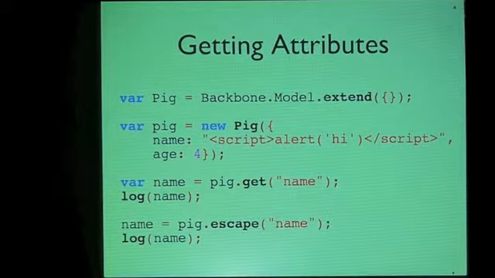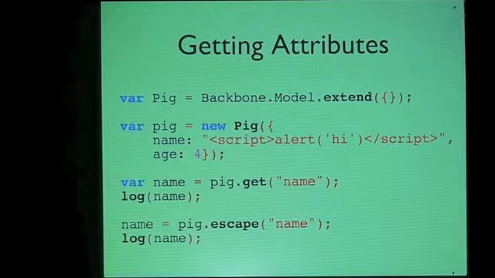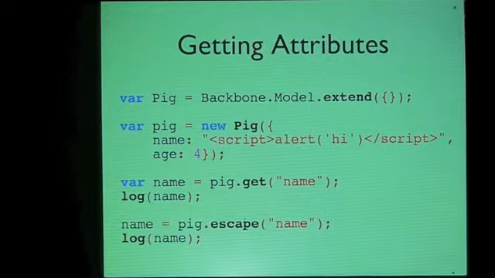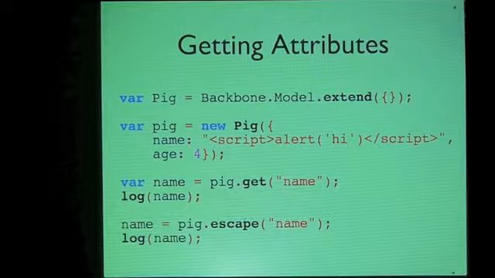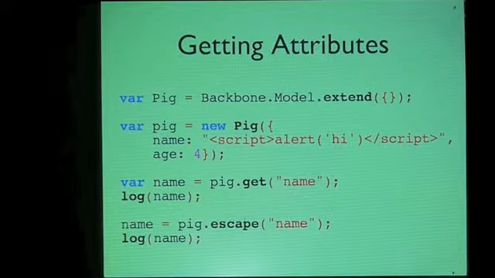After you create your pig, you pull out an attribute with get. I can say pig.get name, or there's an escape function, which will HTML escape them, which helps prevent cross-site scripting type things.